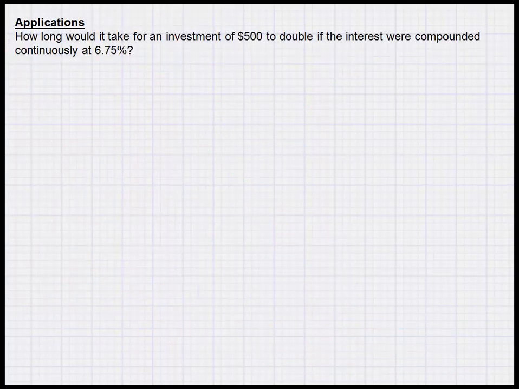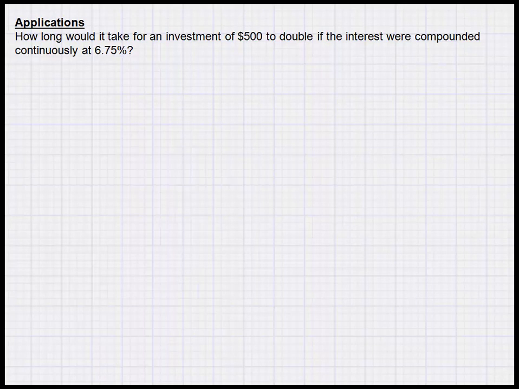Alright, so now that we know how to solve equations with logs and exponentials, we can do a very quick application. We did compound interest formulas. And essentially what we have here is another compound interest problem. But it's asking for something different. Rather than asking how much I'll have in the end, this is asking how long it will take to get a certain amount.